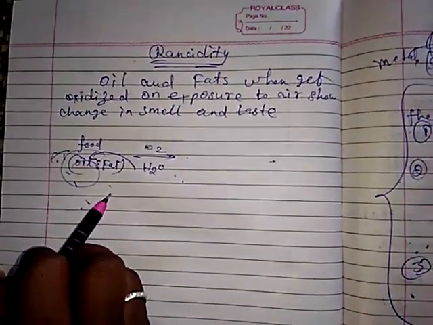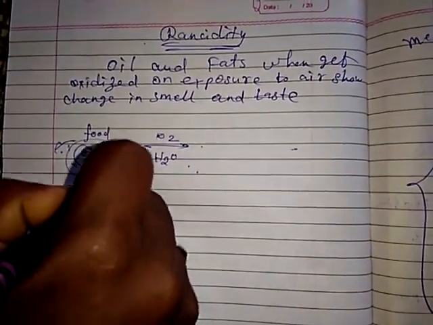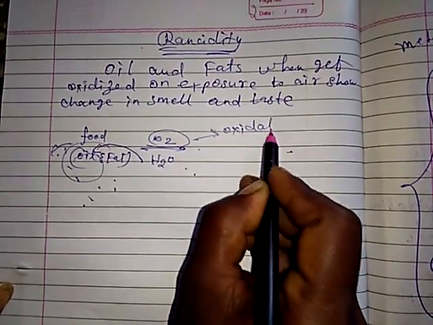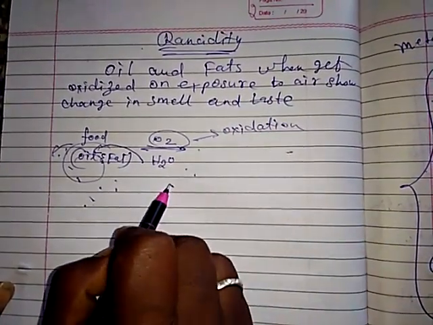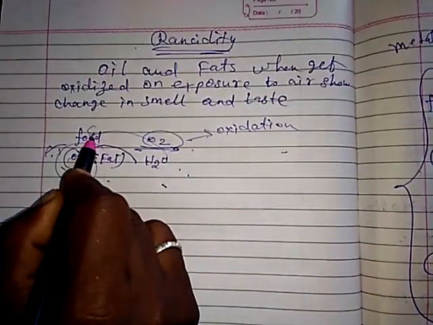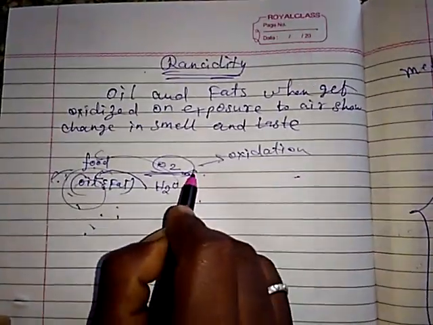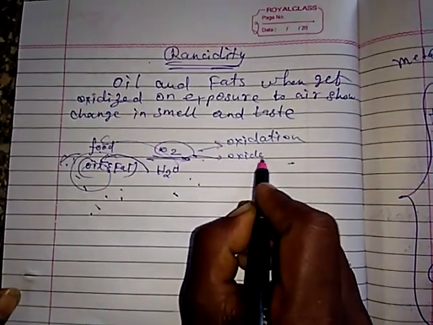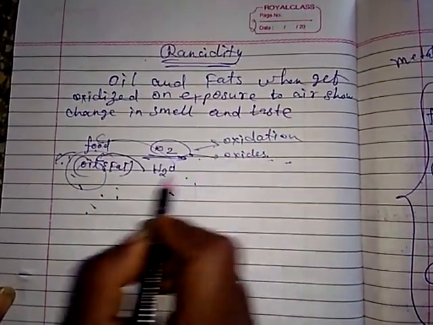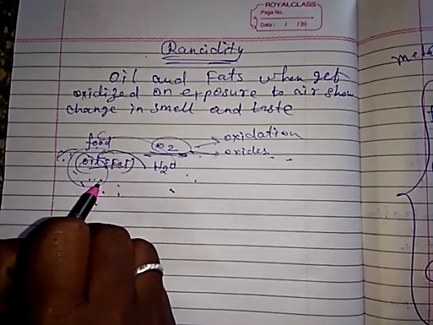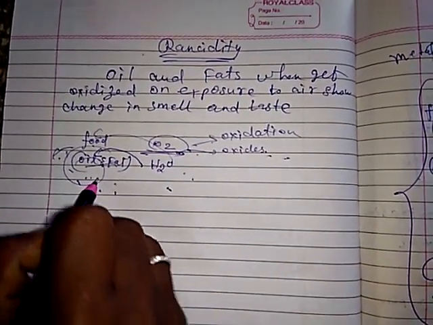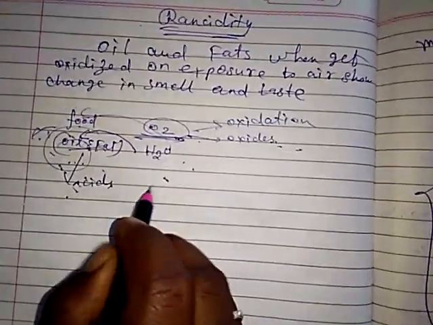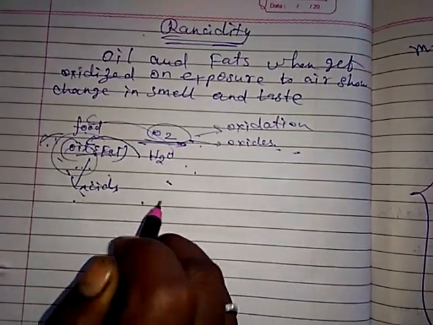By the process of oxidation from the atmosphere, the food reacts with oxygen to produce some oxides of this oil or fat, and these are acids that will be very unsafe for us.